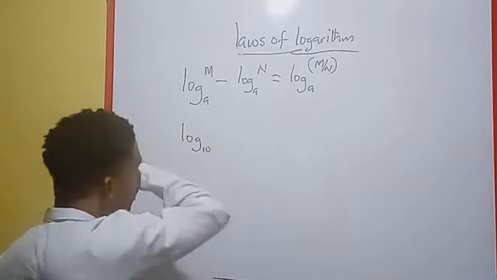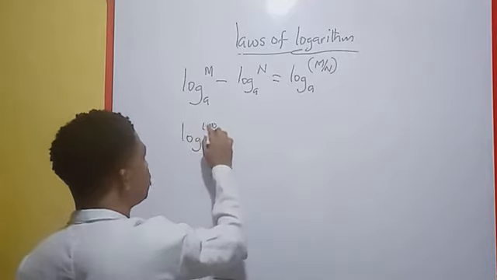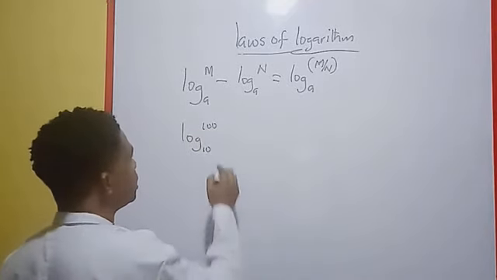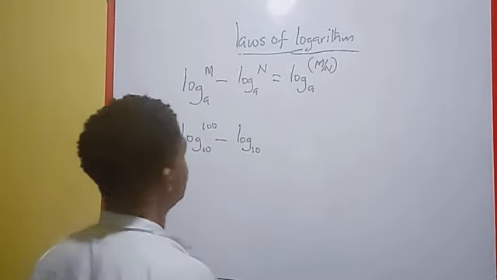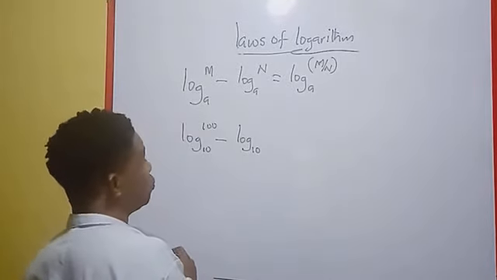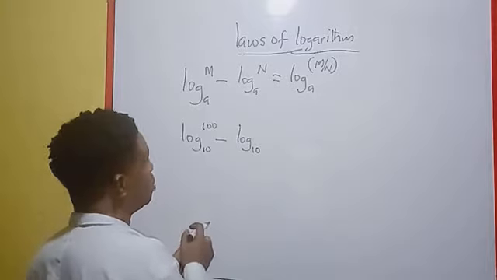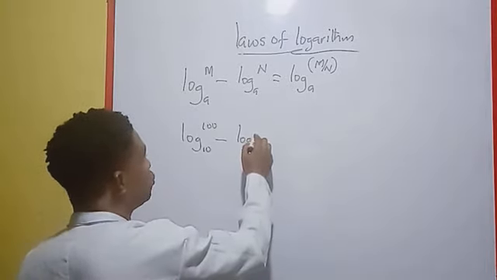Okay? For example, you can have log 10 to 100, minus log 10 to, let me just put something that will make it easy for us, I can put 10 here.